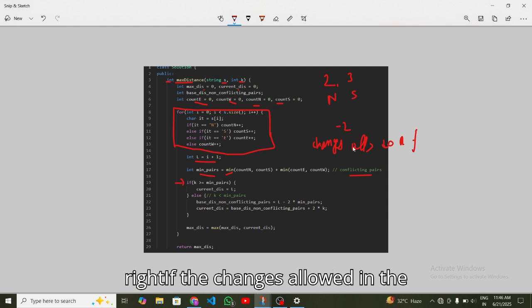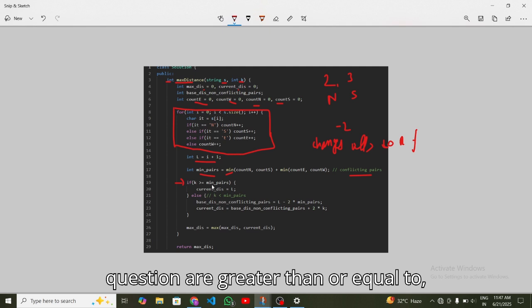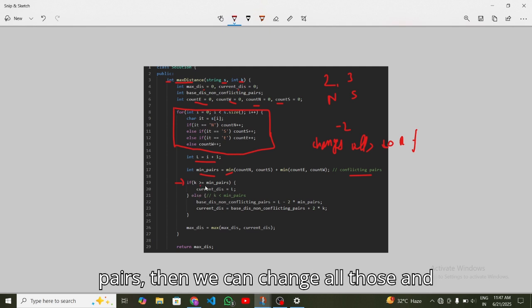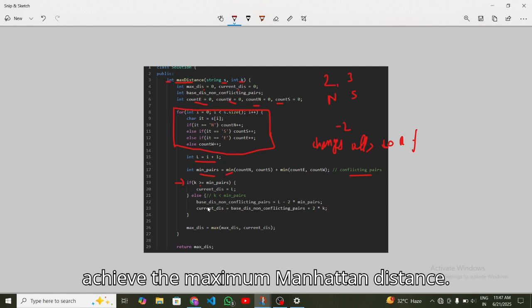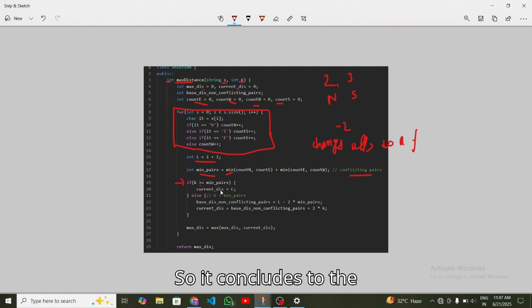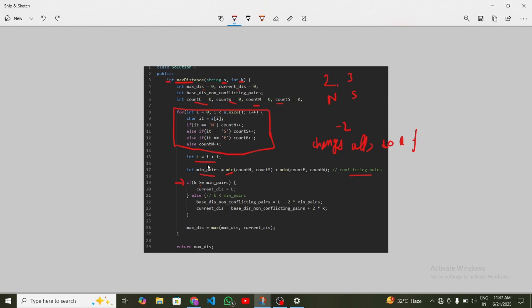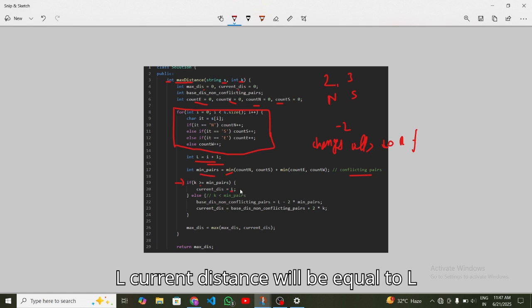If the changes allowed in the question are greater than or equal to the conflicting pairs, then we can change all those and achieve the maximum Manhattan distance. So it concludes to the total iterations that I make. So it is equal to L. Current distance will be equal to L.